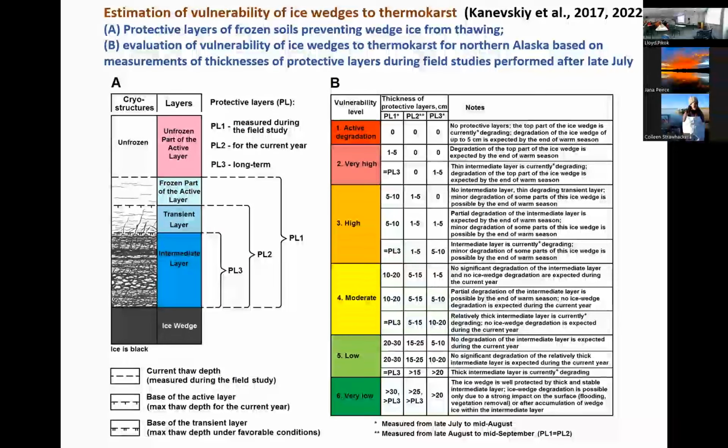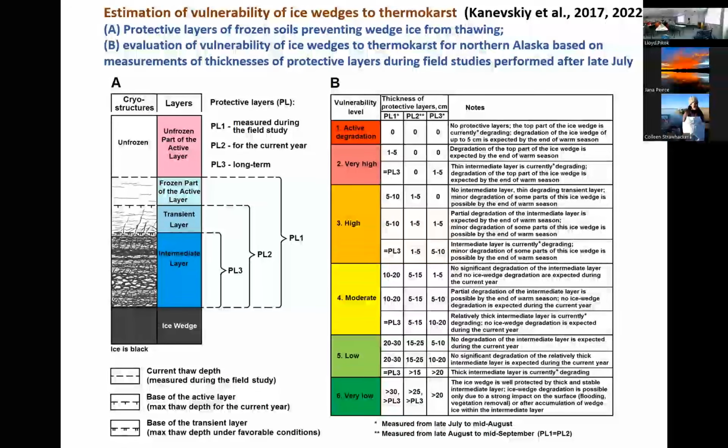Again, it may look complicated, but actually it's rather simple, because for example, if in August or September you drill a borehole above the ice wedge, and you see that below the unfrozen active layer you can immediately encounter wedge ice, or if this wedge ice is protected by a very thin layer of frozen soil, 1 or 2 centimeters, that means that this ice wedge is either currently degrading, or it's very poorly protected and extremely vulnerable.